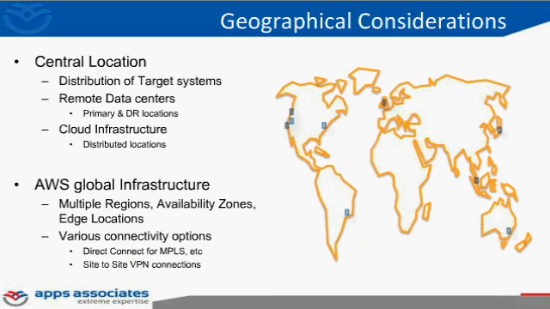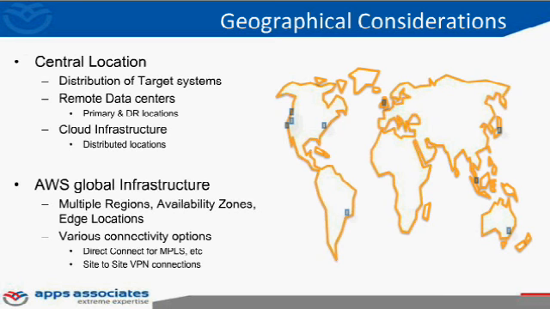But the more popular option is also to build site-to-site VPN connections, encrypted using strong industry standard IPsec protocols, and be able to connect to the AWS environment, your virtual private cloud platform, directly from your data center environments.